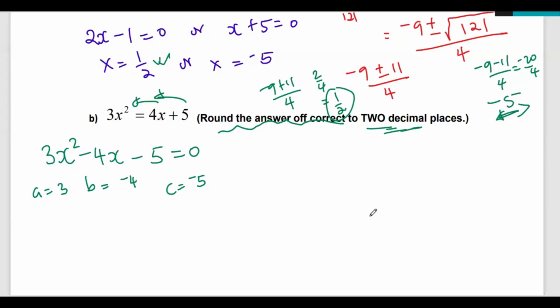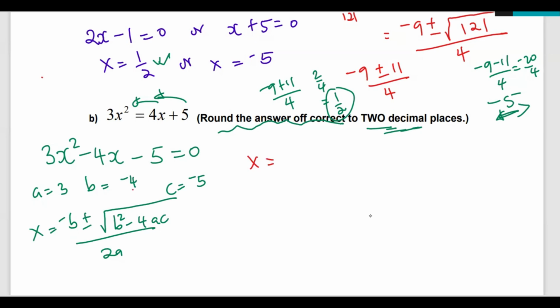Okay, so write down the formula, which is x is equal to negative b plus minus the square root of b squared minus 4ac, everything over 2a. So I'm not going to drag this out for long. I'll just substitute and then get my answers directly from the calculator.